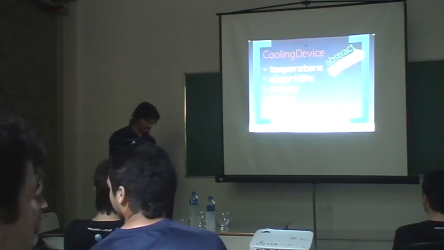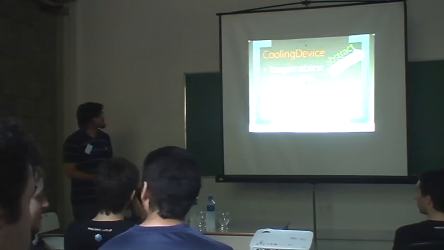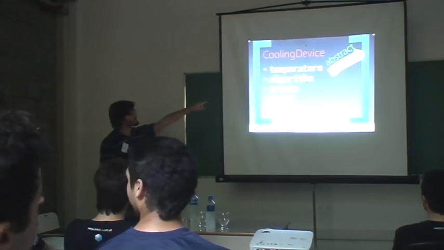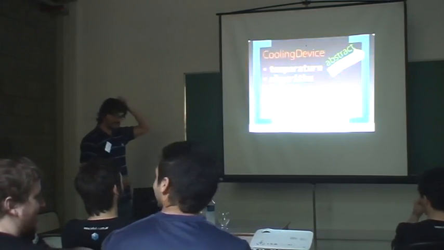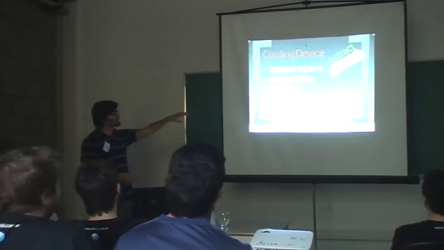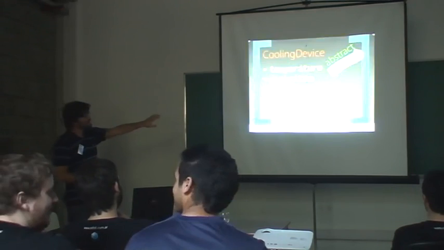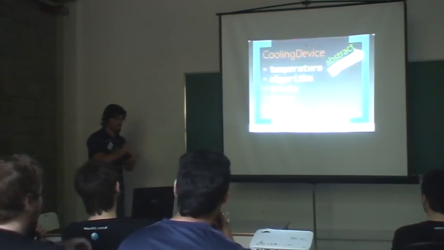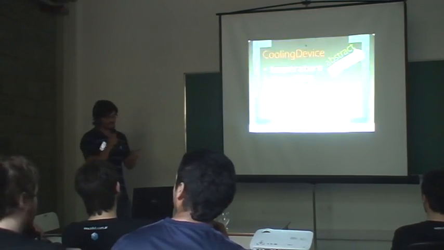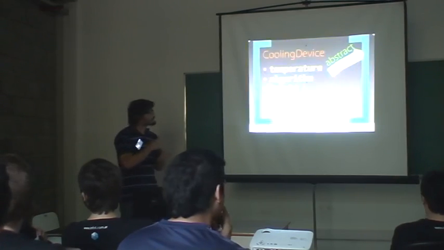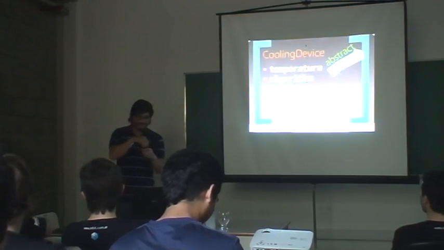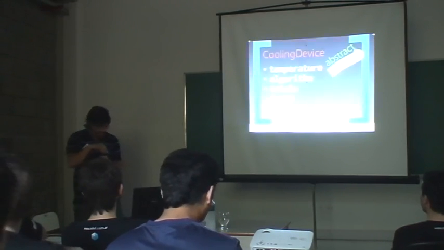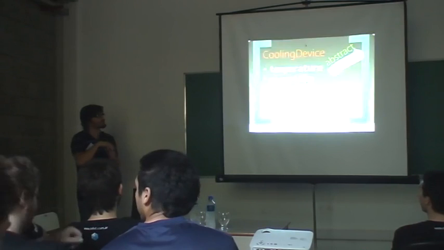Okay, here's the cooling device, which is in charge of pacing the variation of the temperature. And as I said, it has several parameters. For example, trials and jumps govern the number of trials and jumps when we are locating a particular solution.